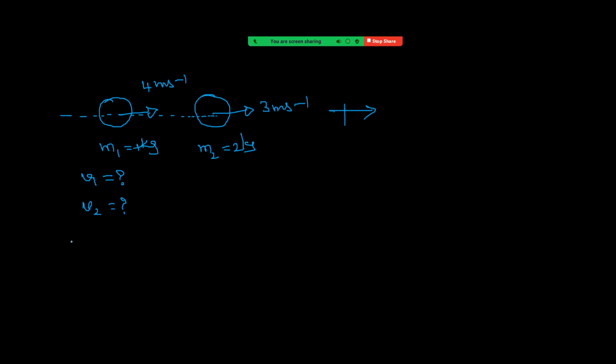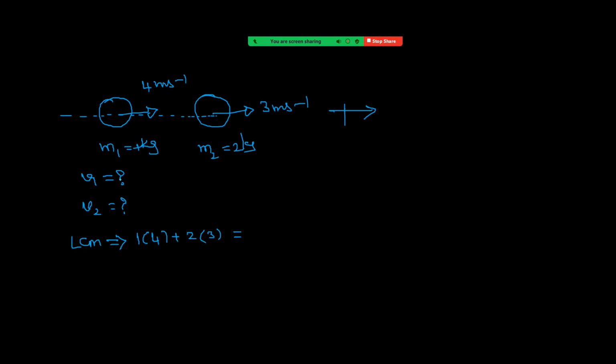Then coming to the momentum equation, writing the law of conservation of momentum: m1 u1, that is 1 into 4, direction right side, so positive. Next the second one, m2 into its velocity u2, is equal to, after collision, 1 into v1 plus 2 into v2.